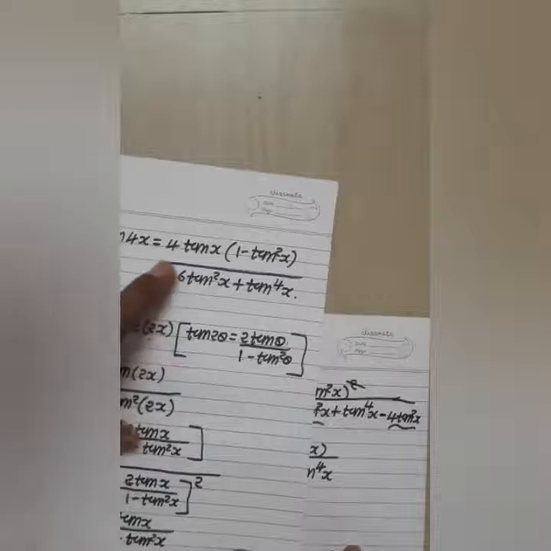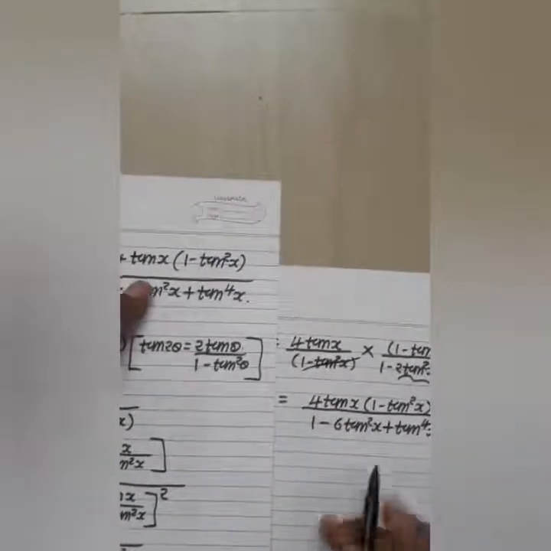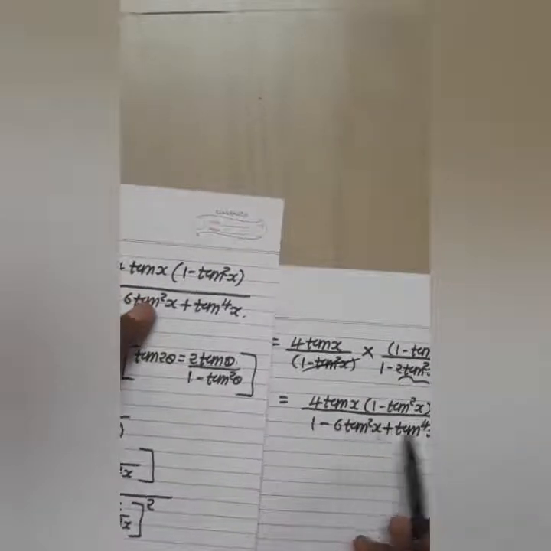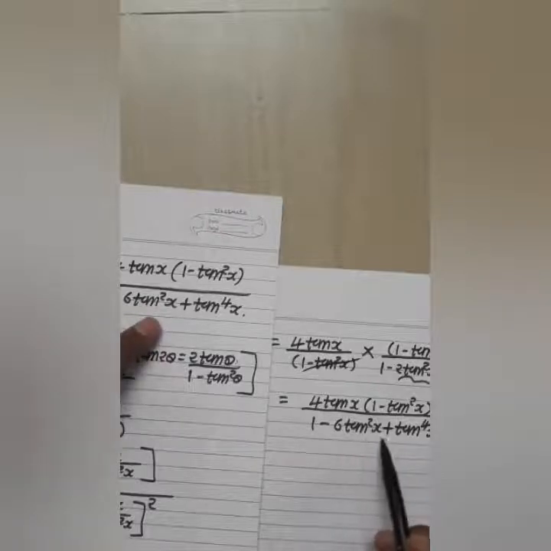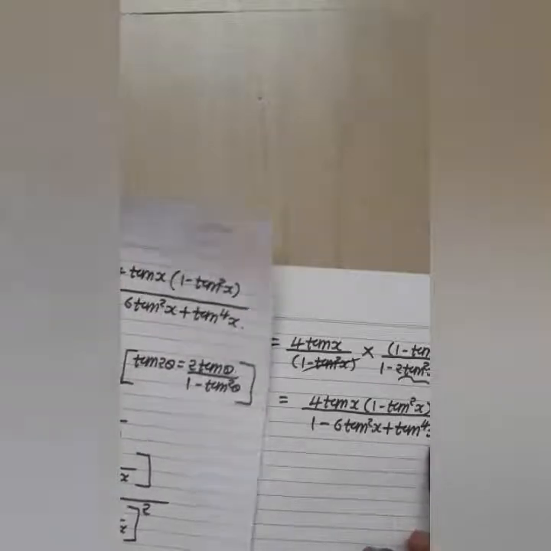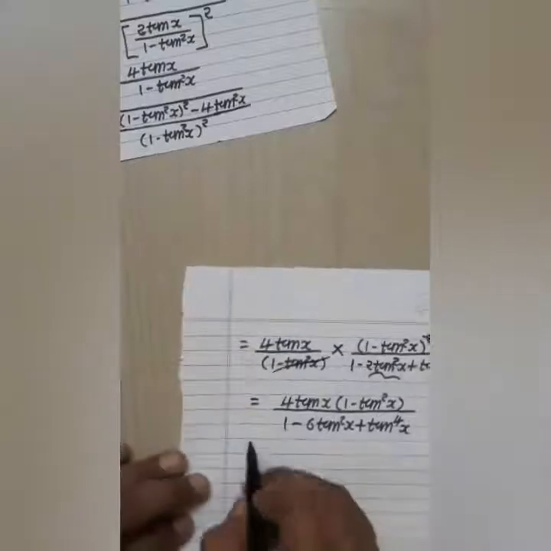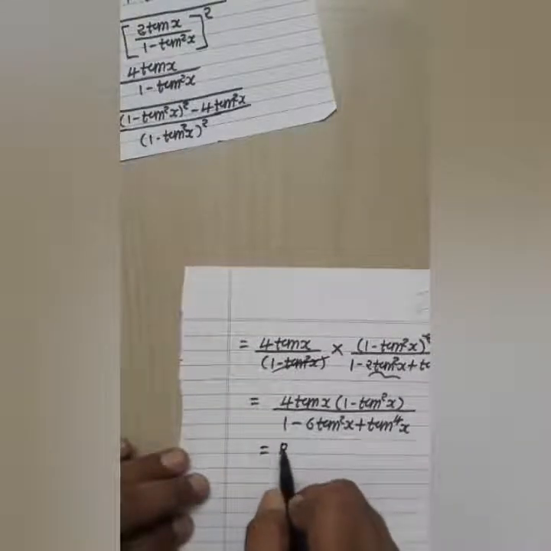So our proof is, our RHS side, 4 tan x into bracket 1 minus tan square x upon 1 minus 6 tan square x plus tan raised to 4x, is equal to the RHS side written here.